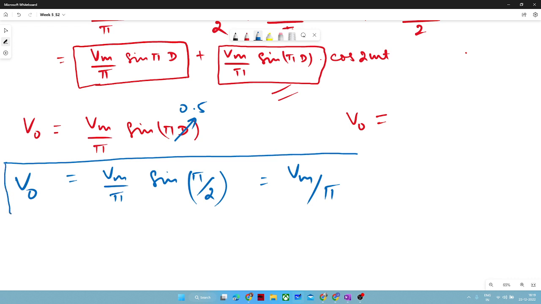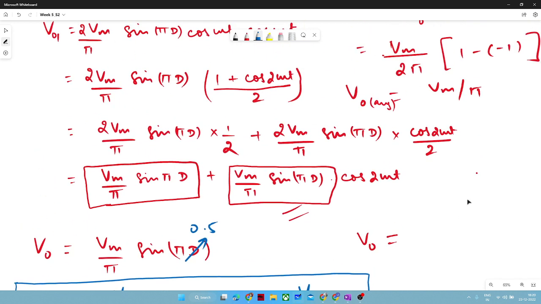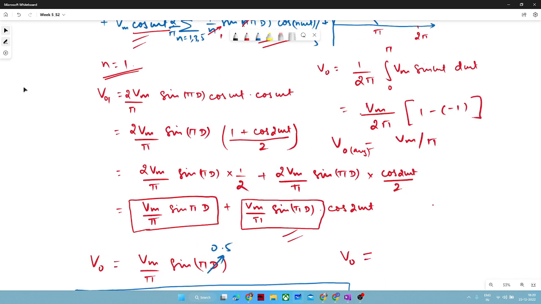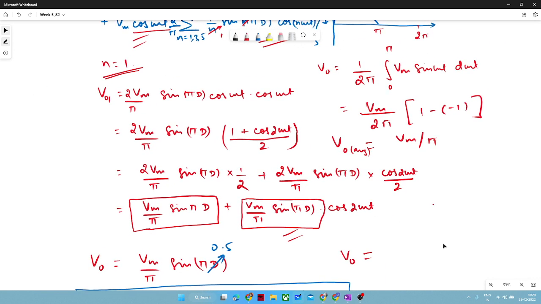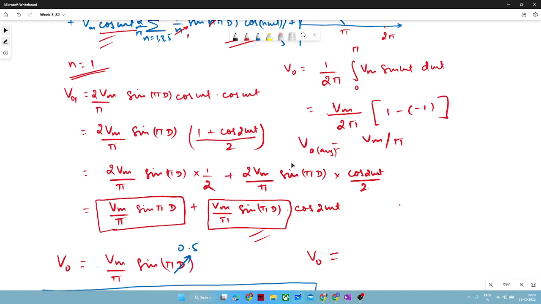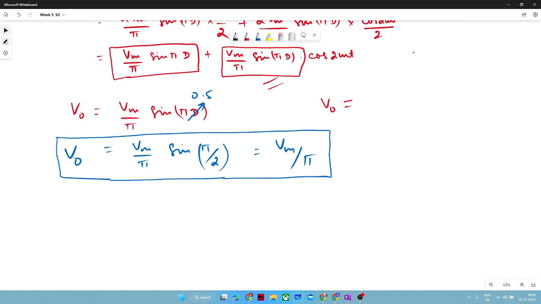However, that was not needed, but it was required to get insight into this kind of converter. Now with this expression, you can easily calculate any order of ripple: second, third, fourth, any ripple. You just need to plug in the value of n equal to 1, 2, 3, or 4. That's it. So I hope it is clear to you.